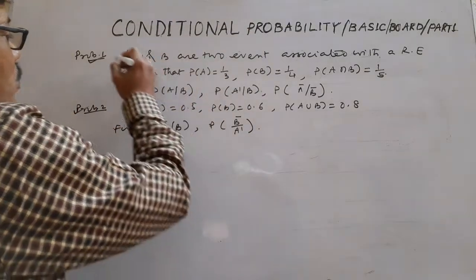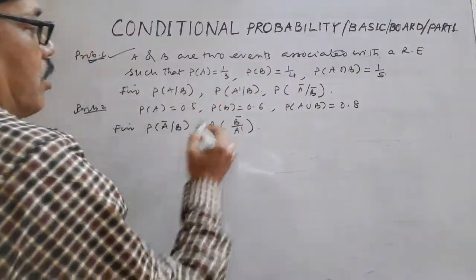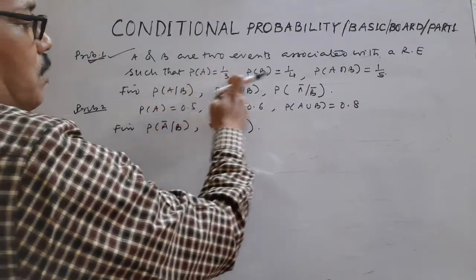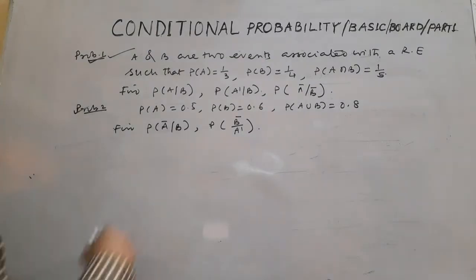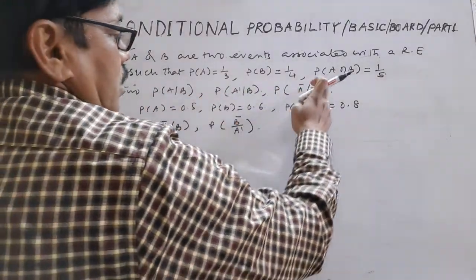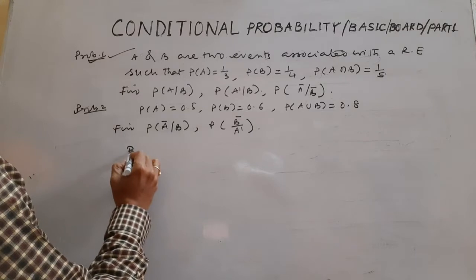Problem number 1. A and B are two events associated with a random experiment. P(A) = 1/3, P(B) = 1/4, P(A intersection B) is given. Find P(A|B), P(A'|B), P(A' | B').